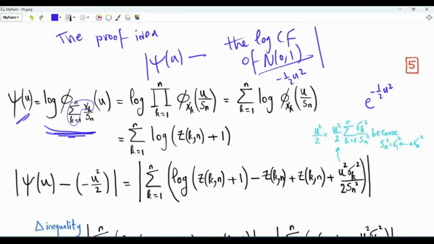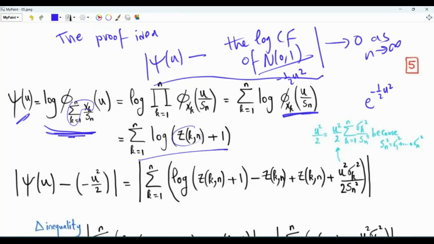We will take the magnitude of the difference, and the idea is to show that this magnitude tends to 0 as n tends to infinity. It is difficult to deal directly with this magnitude, so the idea is the sandwich theorem. We will upper bound this magnitude, and we show that the upper bound tends to 0 as n tends to infinity. So here is the log CF of the sum divided by Sn, here written in terms of z of k comma n.